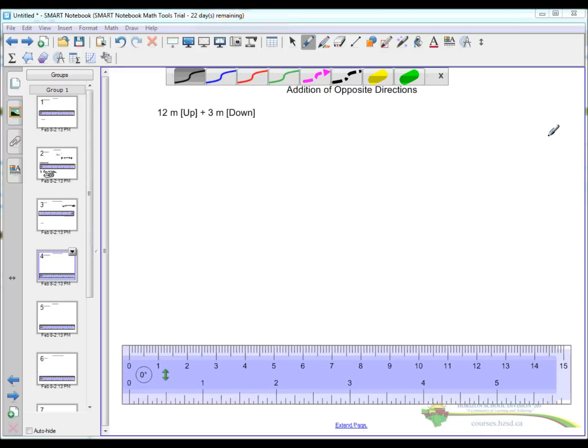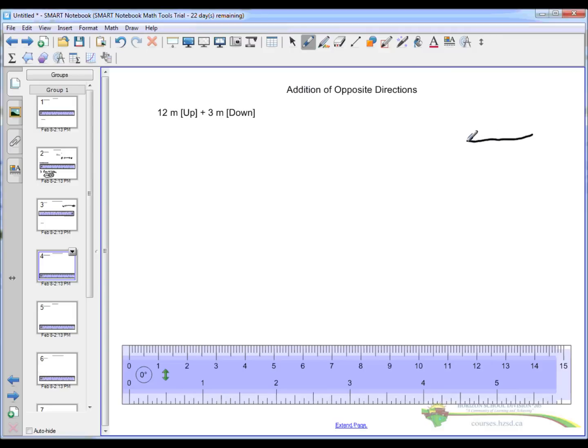As long as I go here and mark my directions as up and down, as long as I do that, then I don't actually need to go up and down.